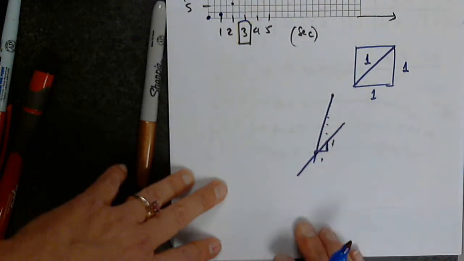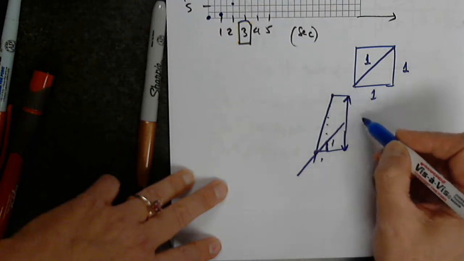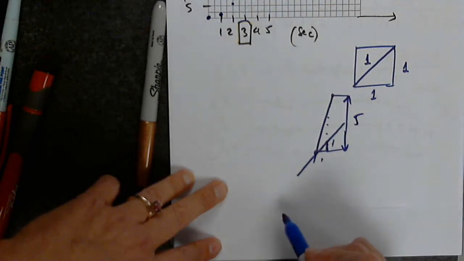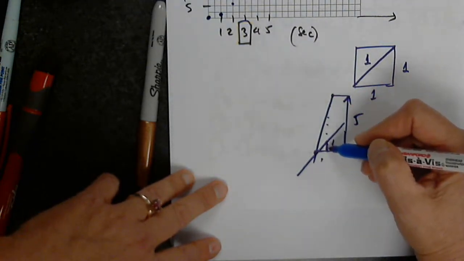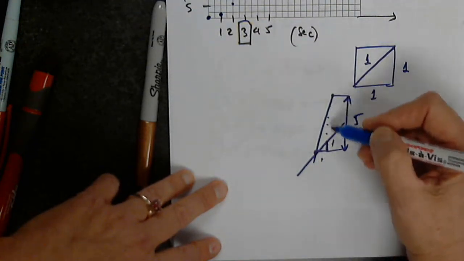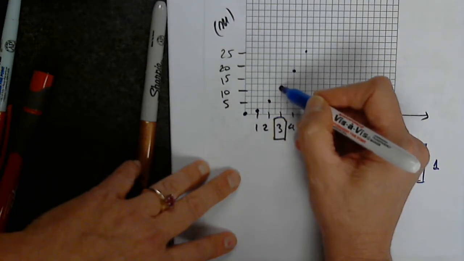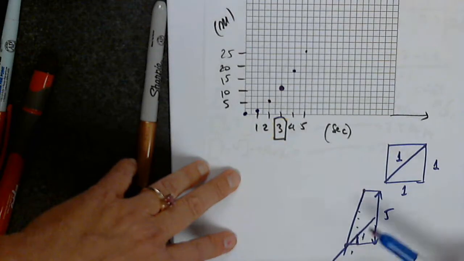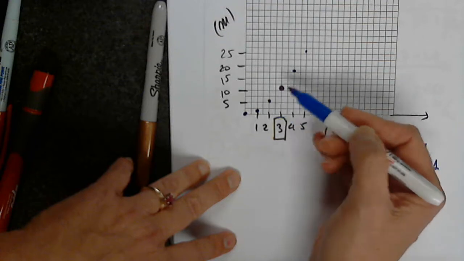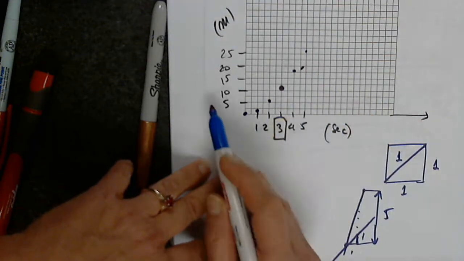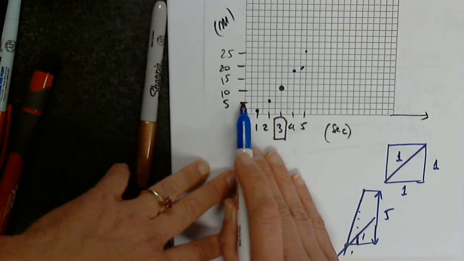It's 1 over 1. And this is a line with a slope of roughly 5. 5 over 1, right? 5 times this height, and still 1 here, right? So in order to graph between 2 and 3 a line with a slope of 5, well, I will have to say that because the whole thing is distorted, obviously I have 1 here and I have 5 here.